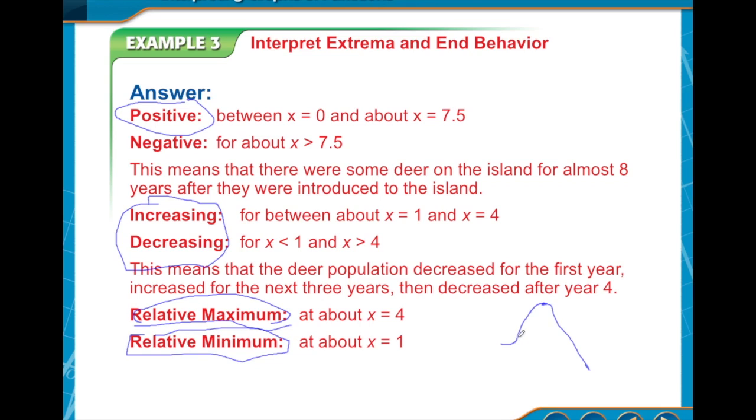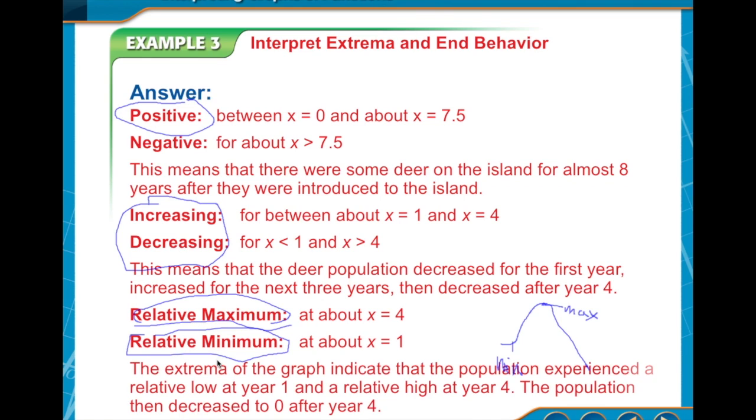If you can point out where they are in your graph, like saying this is our min, that's your min, and our max is here, then that's even better because you can look back at that and really understand how you labeled it. So that would be great to have those things down for this example. You saw it was positive, it increased a bit, decreased a bit. We had a relative maximum and a relative minimum.